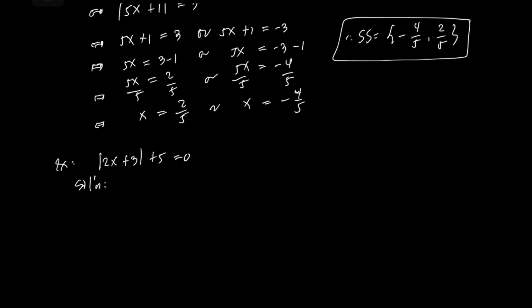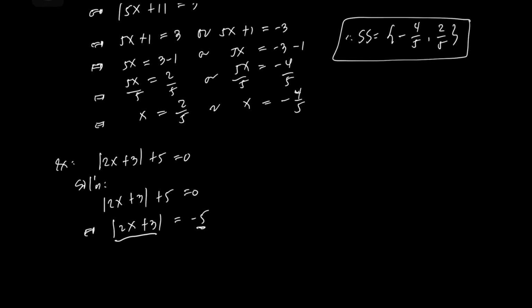So we will eliminate the 5 on the left side by again applying the addition property of equality. So we have absolute value of 2x plus 3 plus 5 equals 0 is equivalent to absolute value of 2x plus 3 equals negative 5. But again, absolute value here is equated to a negative number. As I mentioned a while ago, absolute value always results in something positive.